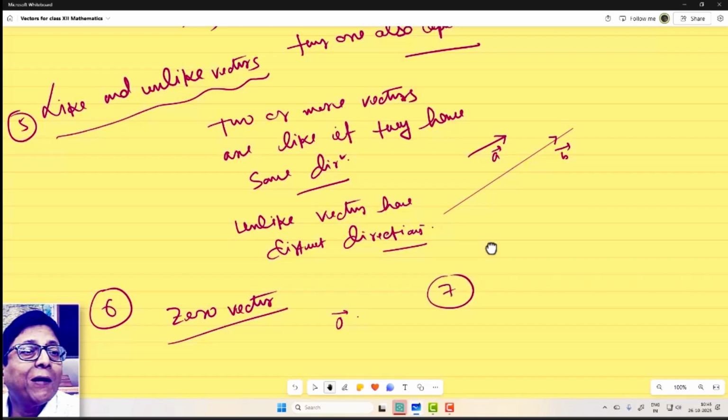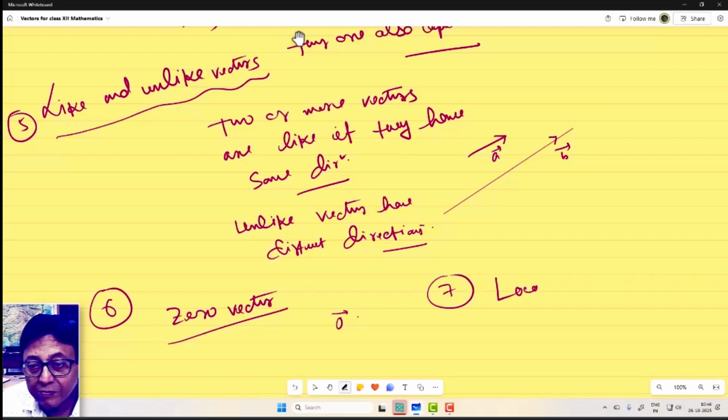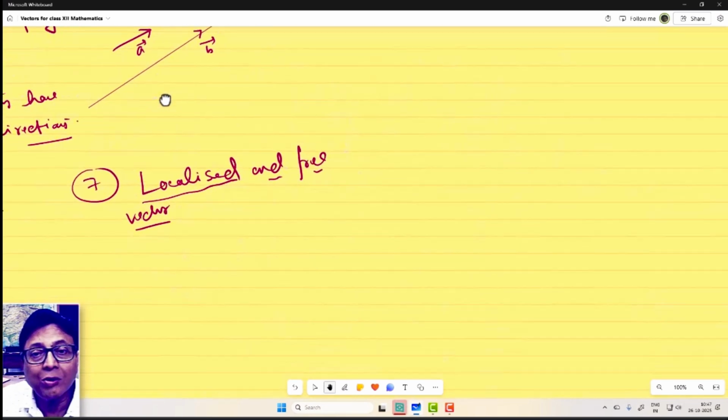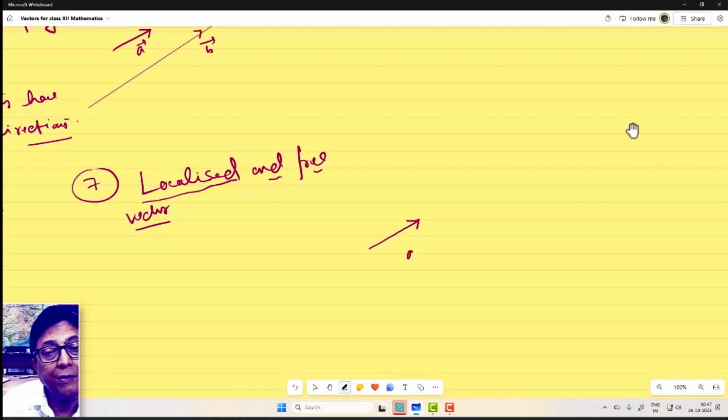Then we are going to define localized and non-localized vectors. Localized, you can say, and free vector. From these two words only, it is clear what localized is going to be. A vector is given.